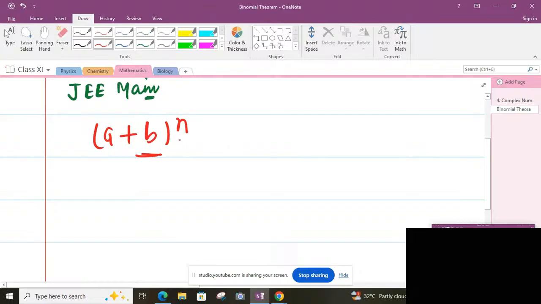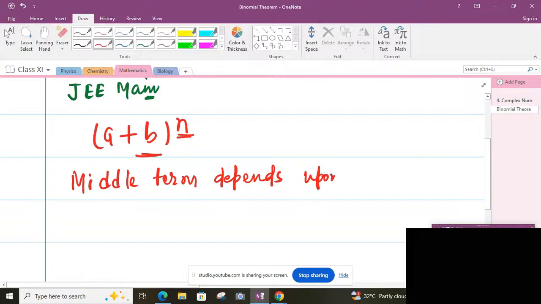As per the explanation of the NCERT textbook, the middle term depends upon the value of n.